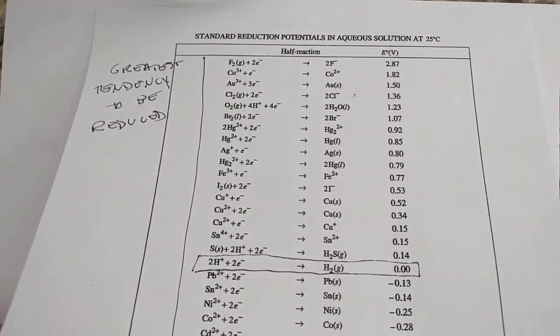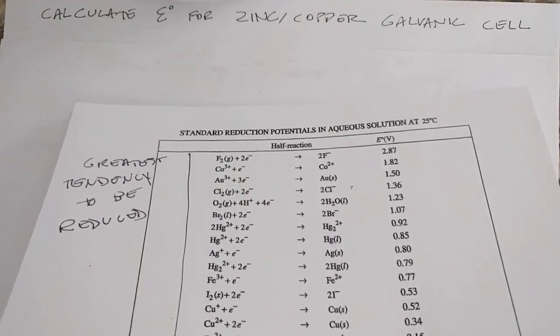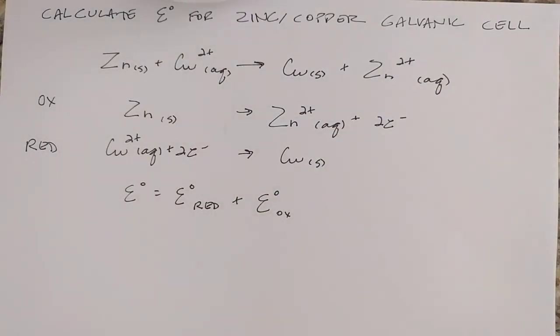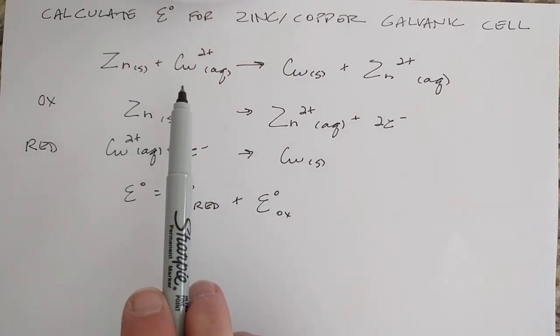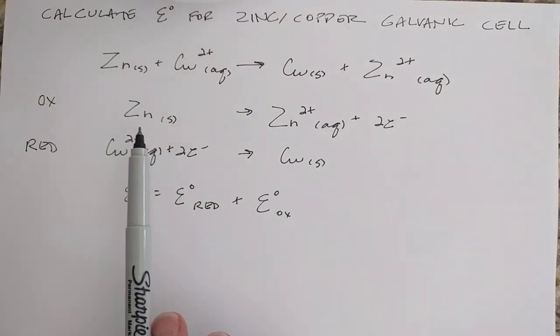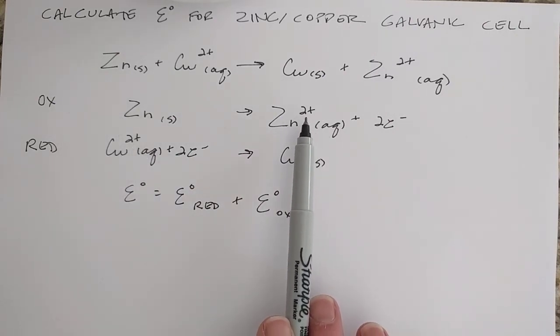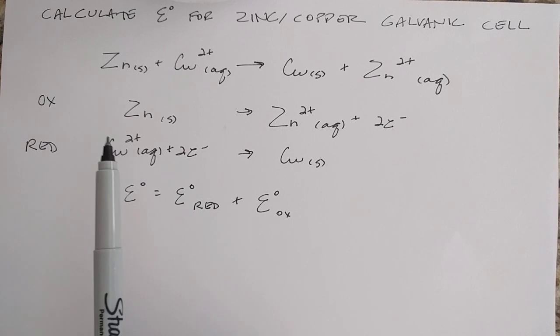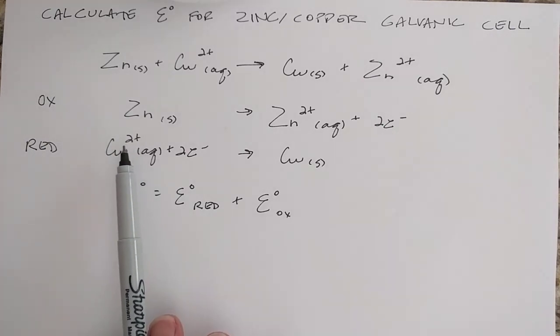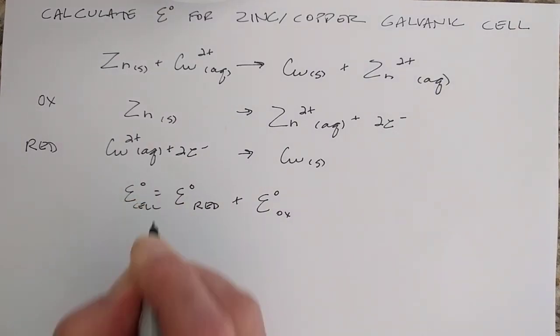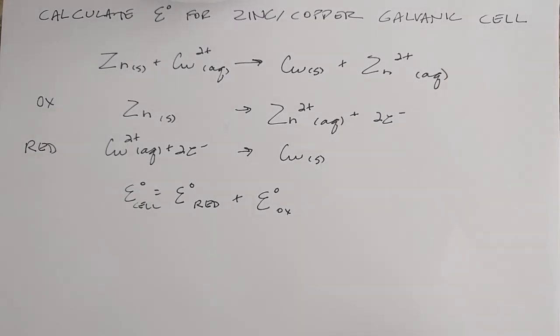All right, so let's use this chart to calculate the E0 for our zinc copper cell. So just to review, the overall equation for the cell is here. We have our oxidation half reaction, where the zinc gets oxidized to zinc ions, and then we have our reduction half reaction, where the copper ions get reduced to copper solid. The E0 for the cell is the E0 of the reduction plus the E0 of the oxidation.